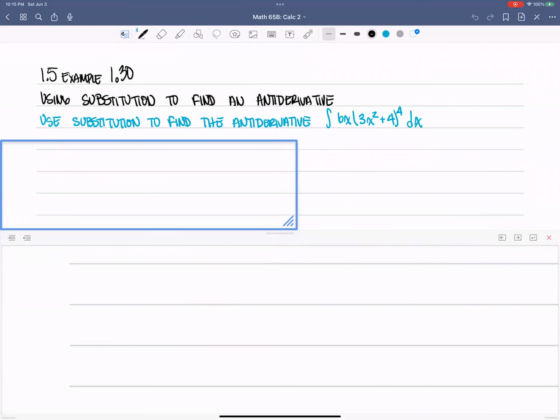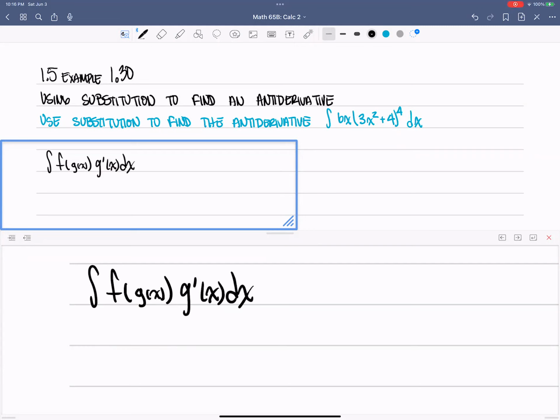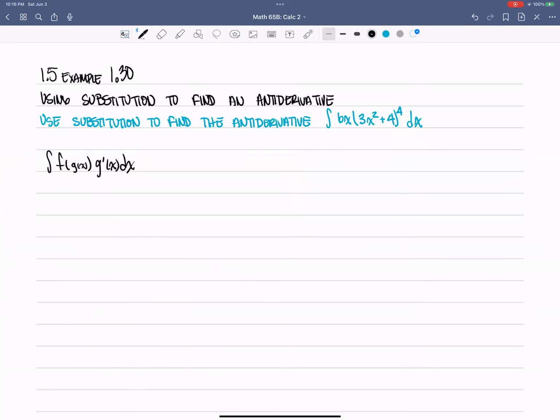With the definition, we have the integral of a function f of, we'll say, g of x times g prime of x dx. So we're looking at a function within a function. In this case, our inside function is going to be this one here.